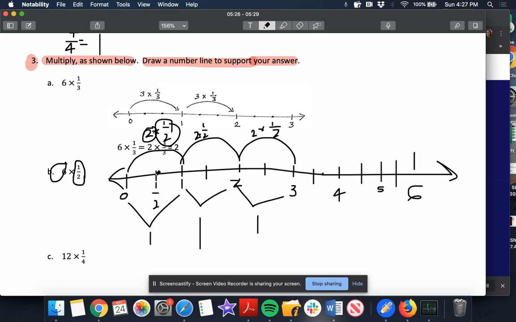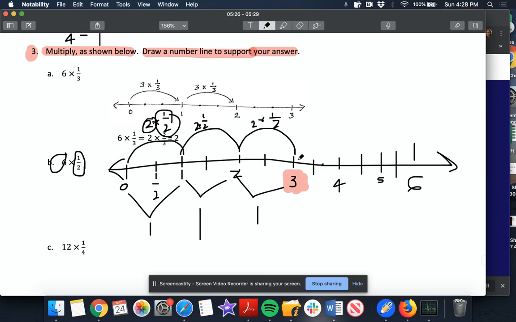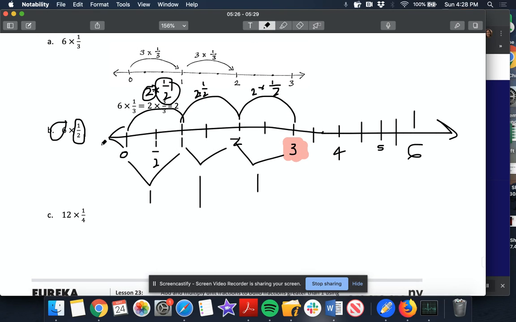But we jumped by the half marks, right? So we need to take that into account. 1, 2, 3, 4, 5, 6. So we landed at this 3. What we did, we know that 6 times 1/2 is equal to 3.